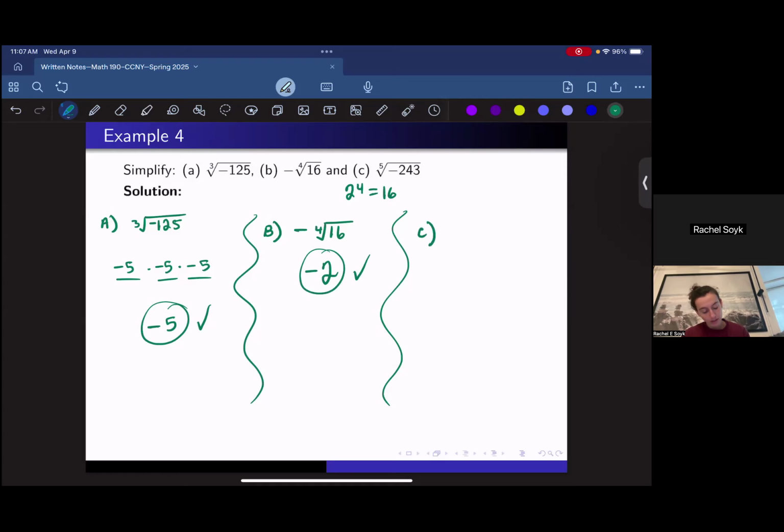And then last but not least, we have the fifth root, odd index again, of -243. It's negative, but it doesn't matter because our index is odd. And so what times what times what times what times what gives you that -243?